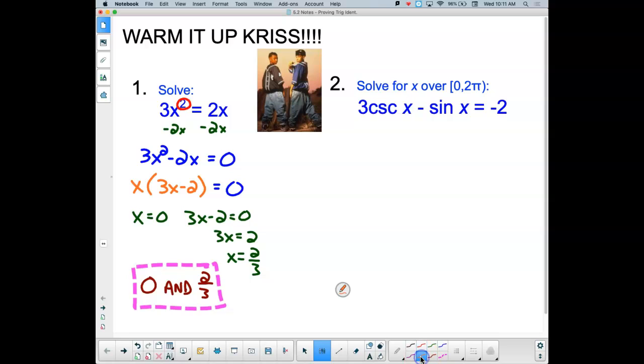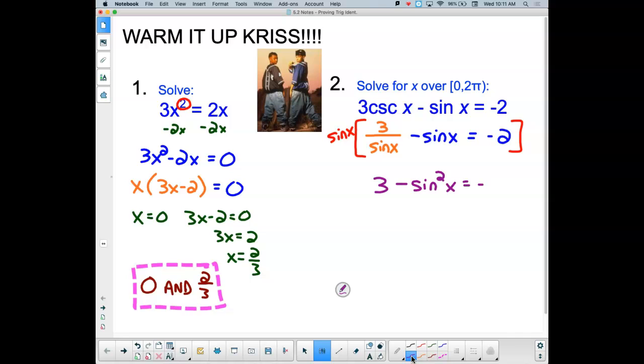Over here, I would first change this to 3 over the sine of x. Then I would multiply the entire equation by sine of x to get rid of my fraction. When I do that, I get 3 minus sine squared of x equals negative 2 sine of x.